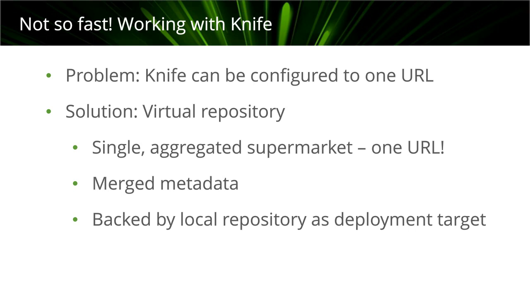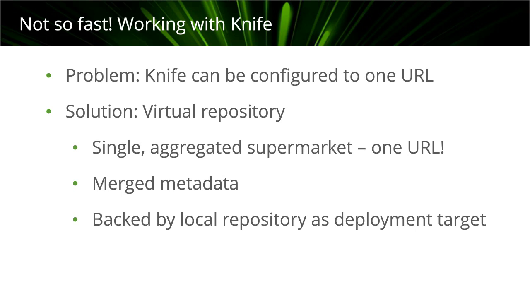And the answer is, Artifactory comes with the notion of a virtual repository, which allows you to aggregate multiple repositories underneath. So we're going to get a single URL to a supermarket that actually has multiple repositories beneath it. Artifactory will take care of merging all the metadata together.